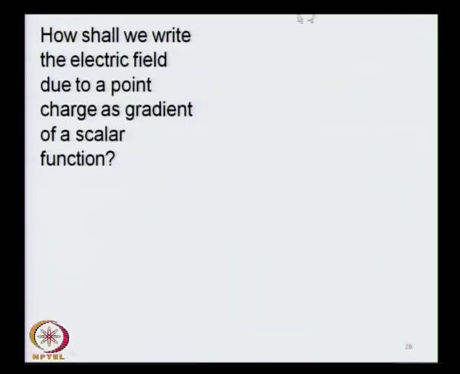The first thing we will do is to express the electric field due to a point charge as gradient of a scalar function. So, this is an idea that we have used earlier as well, that field is often expressed as the gradient of a potential in the case of conservative fields.